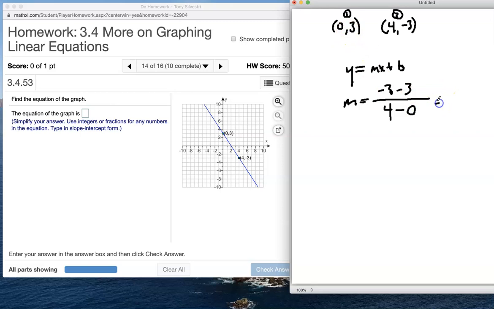This is negative 6 over 4, which you'll never accept because you can simplify it to negative 3 over 2.